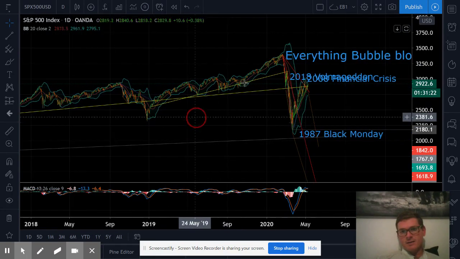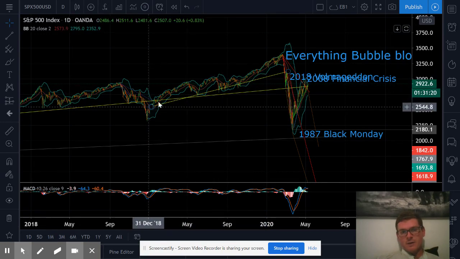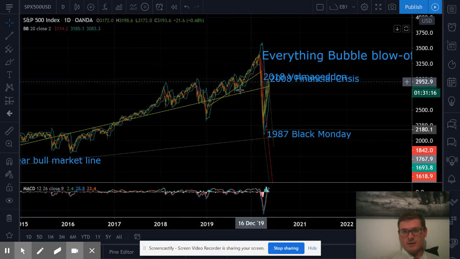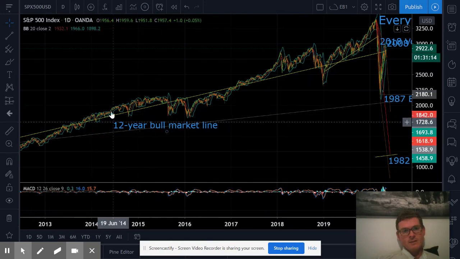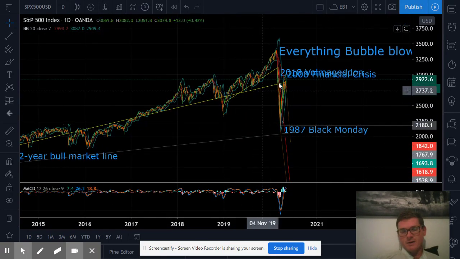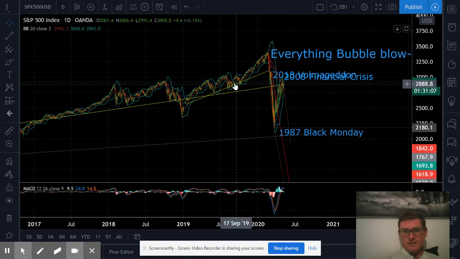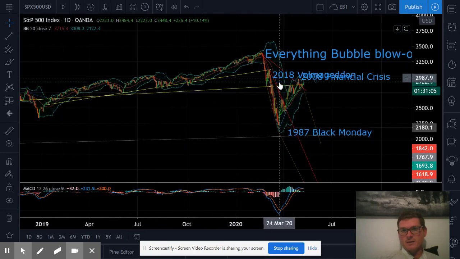But the main point is that you have these tangent lines for where the angle of the bull market increases. You have a bull market tangent line. And so we have a 12-year tangent line off of the financial crisis, and we have a higher level tangent line here off of the 2018 crash.